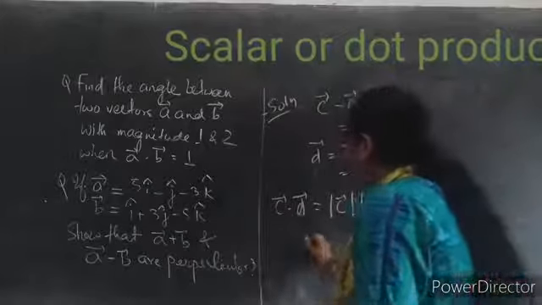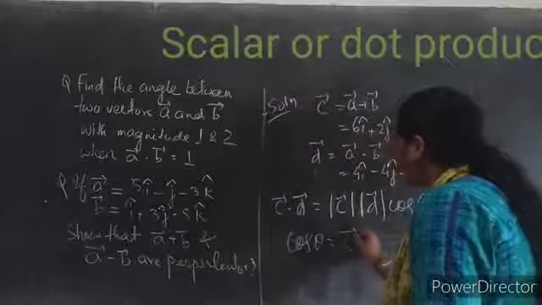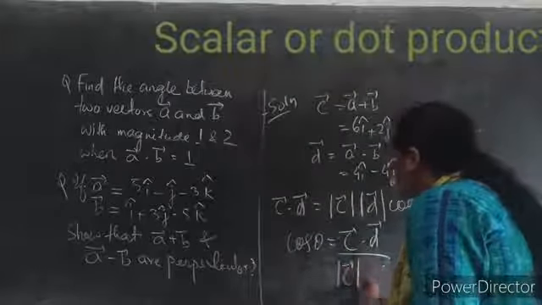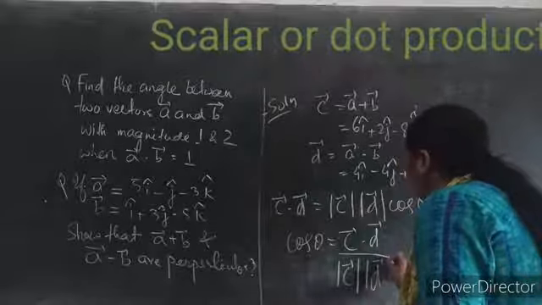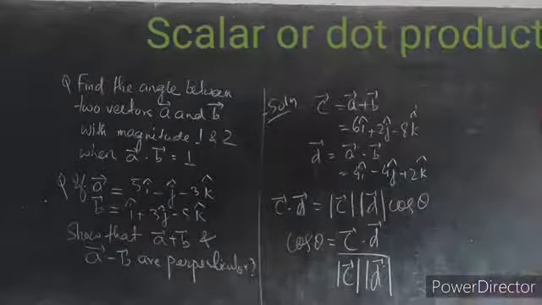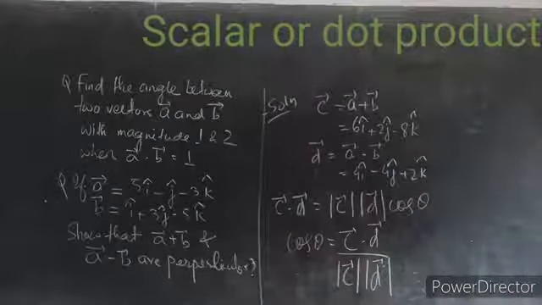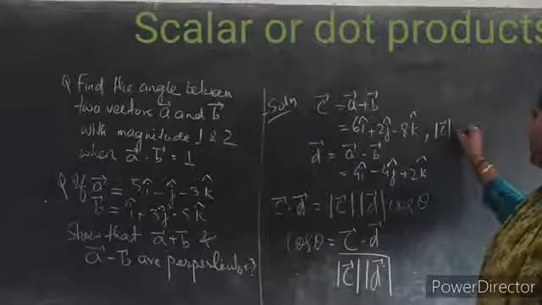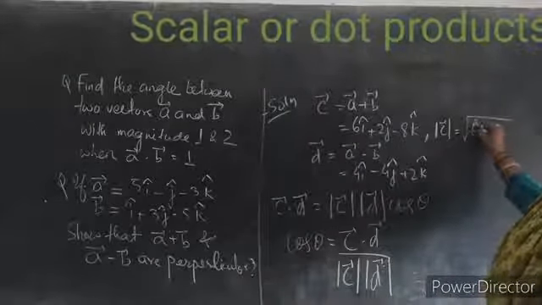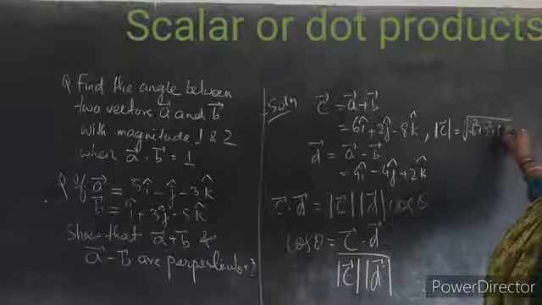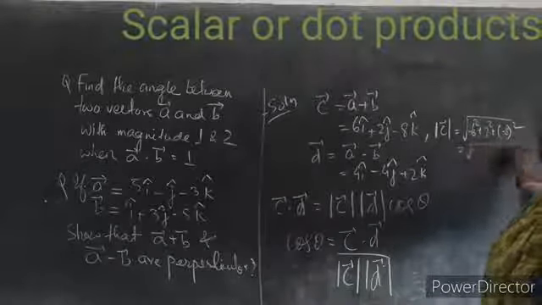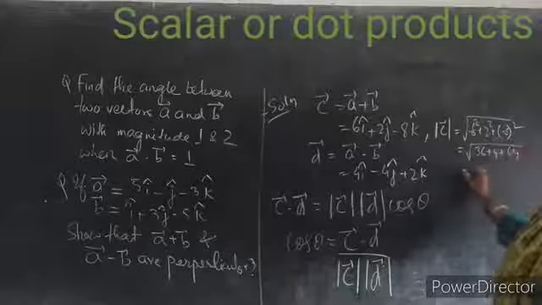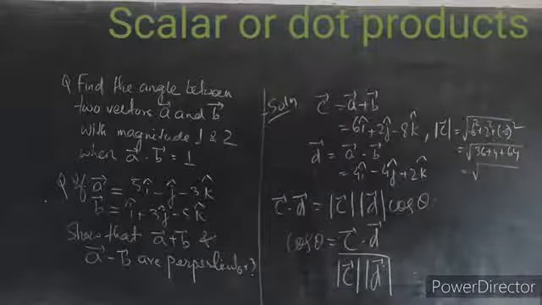That means cos theta will be equal to C dot D divided by C magnitude and D magnitude. If you calculate the magnitude of C, we shall get 6 square plus 2 square plus 8 square, that is root of 36 plus 4 plus 64.